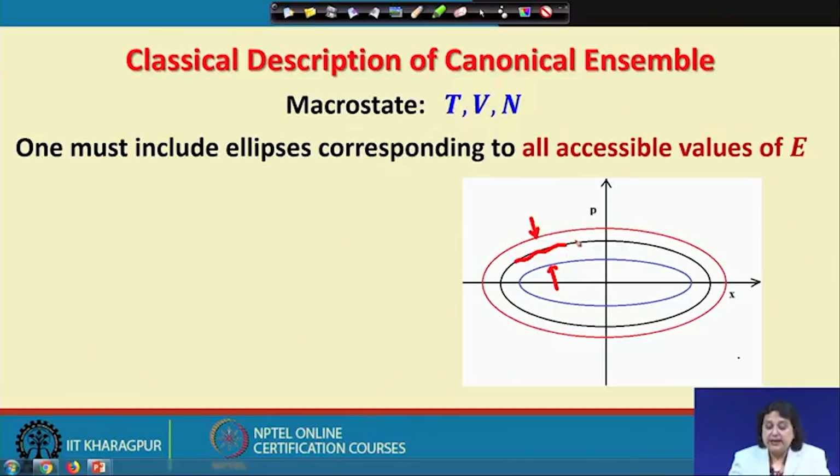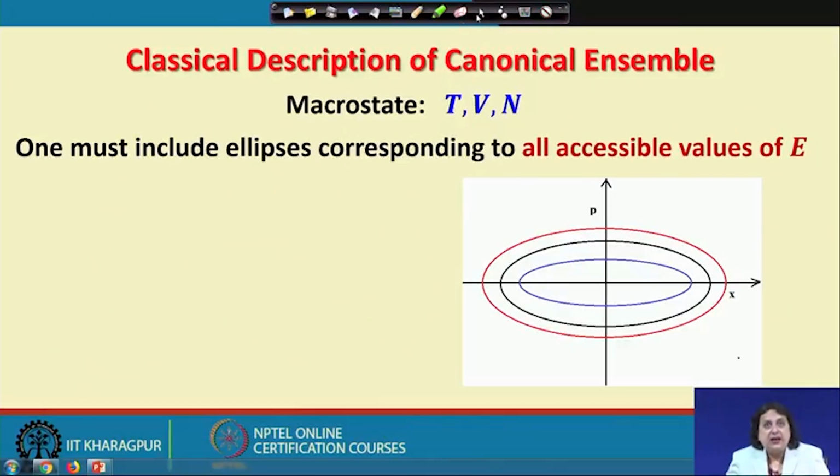So, it is not only the microstates on this black curve, but the system will have access to all the points on this red curve as well as all the points on the blue curve. This is what I mean by saying that in the phase space now I must include all the ellipses corresponding to the accessible values of E.